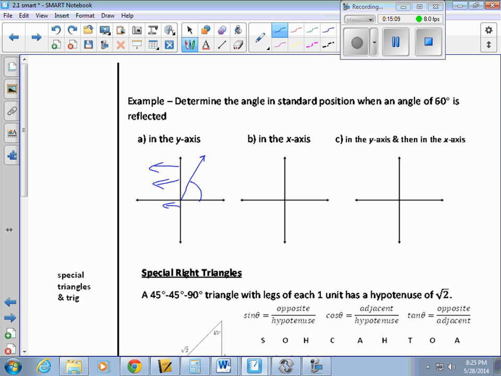It's just like you took a mirror, set the mirror on the y-axis, and see what your reflection will get you. So a reflection of this, and I'll just do a dotted line, is going to look like that.